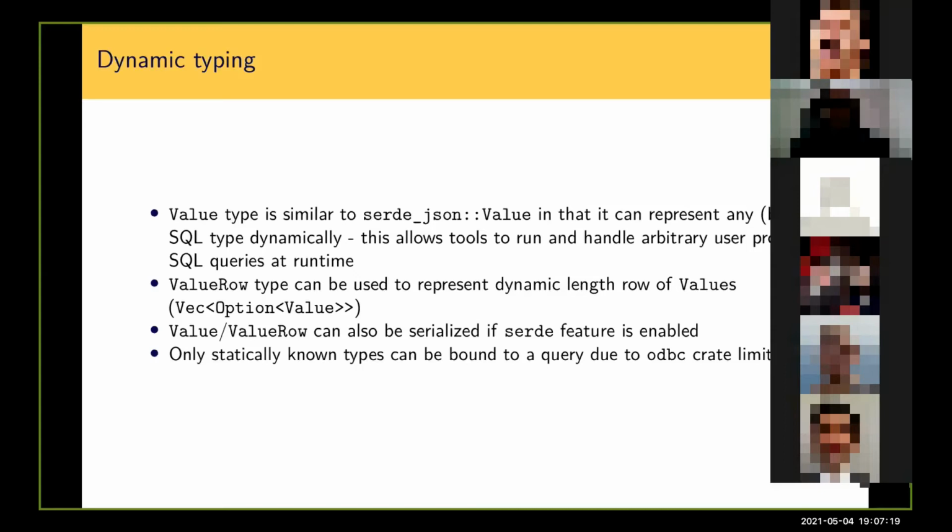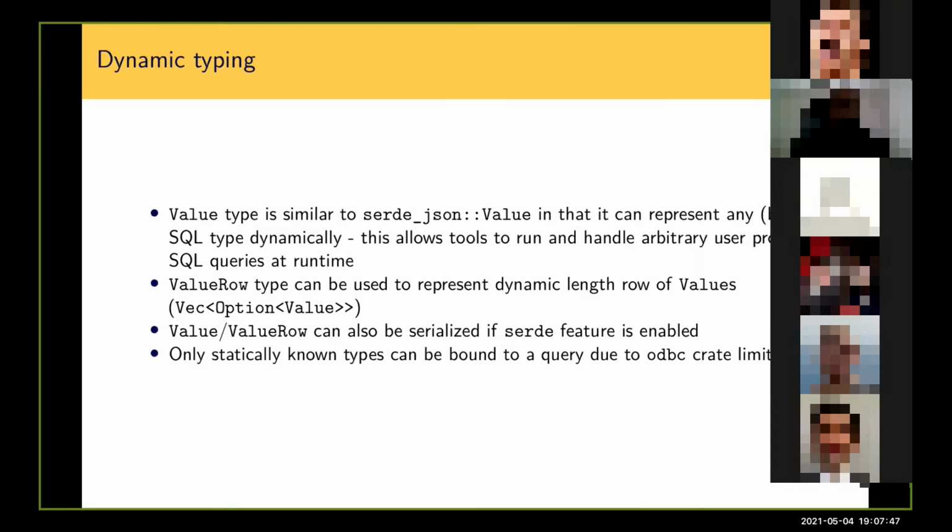And the idea here is that you can ask for value instead of a specific type, and then at runtime, you can figure out what you actually got. And then there is also a value row, which is a similar thing that is a vector of optional values. If you query for that, then you can query for anything you want, and then at runtime, you can figure out what that actually was.